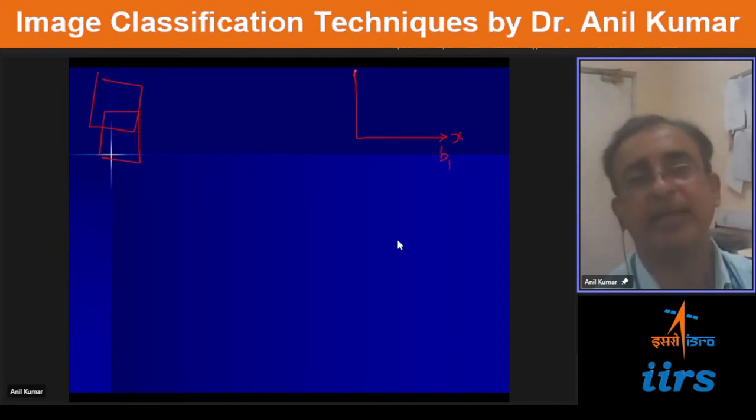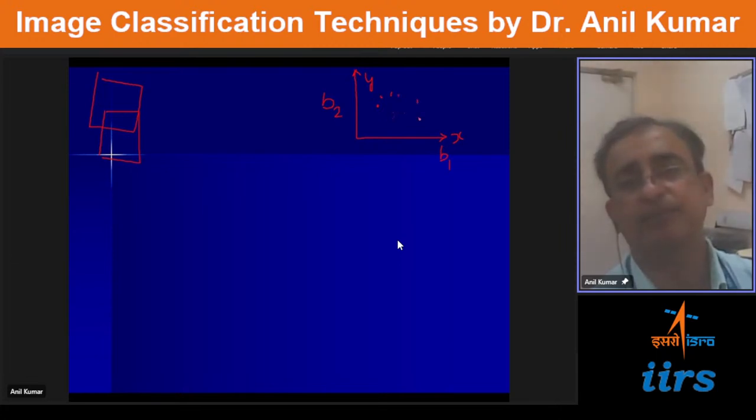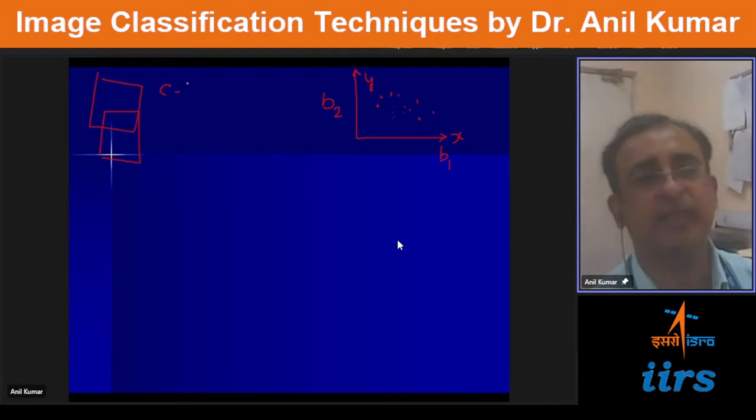And this is your Y axis for B2, right? So here we can see the pixel locations, pixels plotted in this feature space. So this is my feature space. All pixels are plotted in this feature space. So if I'm going for unsupervised, that means I'm using a very basic algorithm, that is C means.